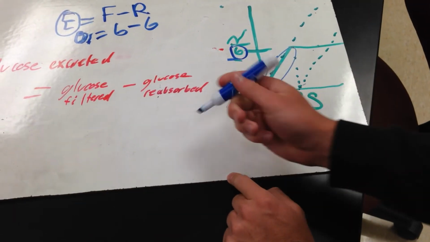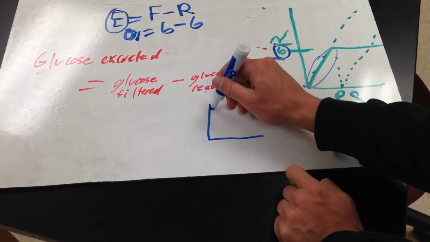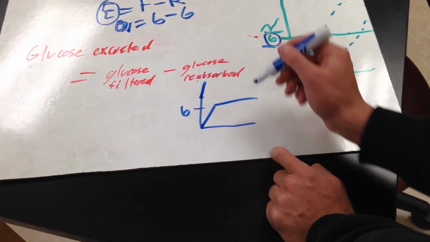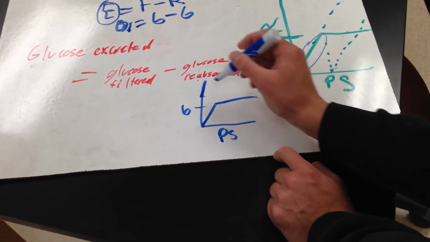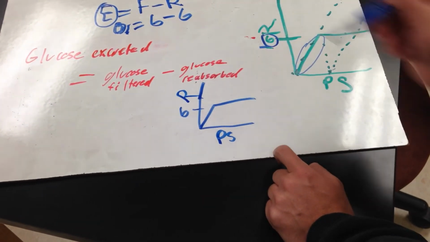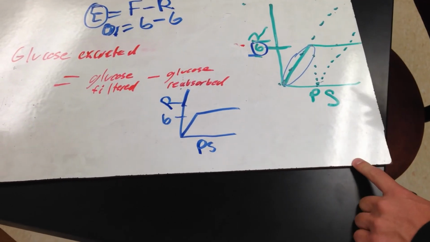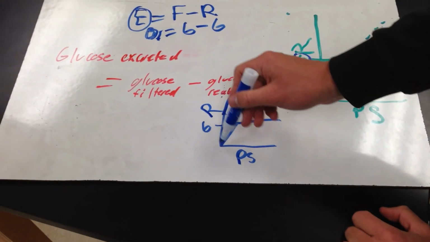Now let's say in another graph that this organism has some kind of problem with its carrier proteins that pick up the glucose and reabsorb it. How would that affect this graph?